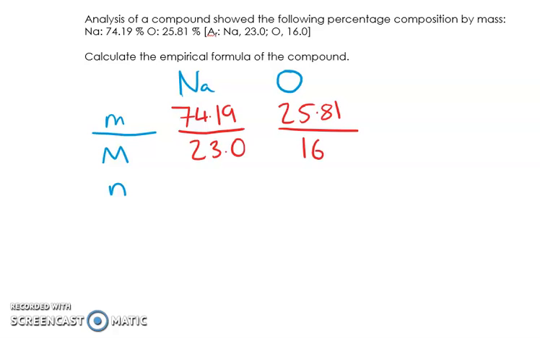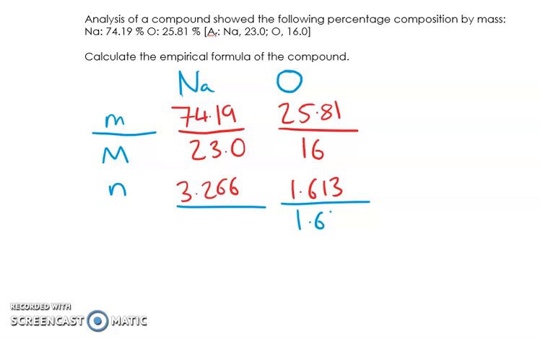And this gives us amounts in moles of 3.266 for sodium and 1.613 for oxygen. Now, to determine the ratio, we're going to divide both of these by the smallest amount of moles that we have.